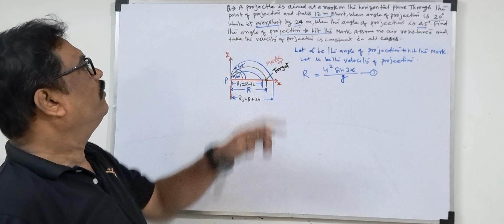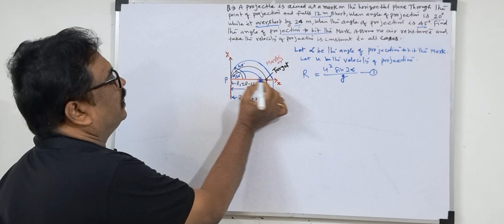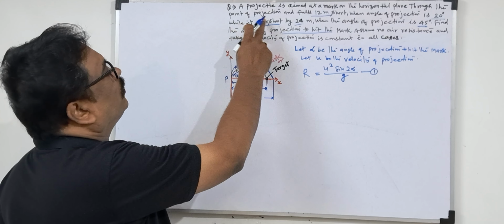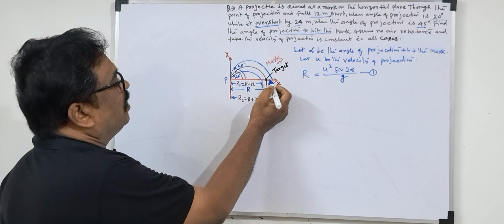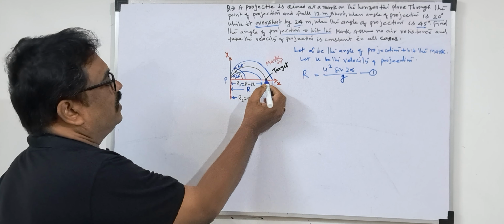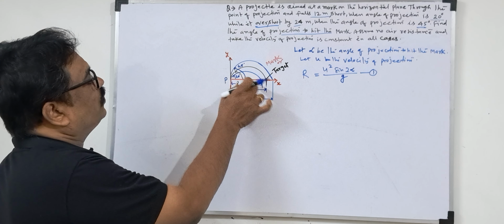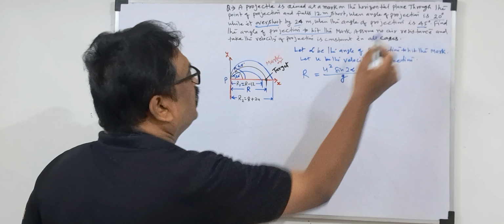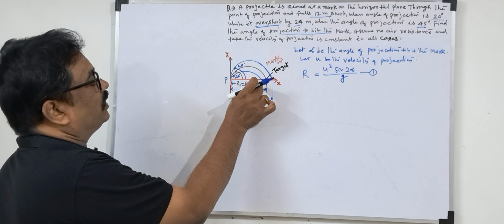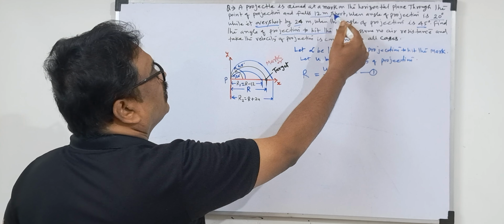A projectile is aimed at a mark on the horizontal plane. From this point P, it is aimed at the target, the mark, from the point of projection. But what happens in the first case: when the angle of projection is 20 degrees, it falls 12 meters short. So the range is R, but it falls 12 meters short.